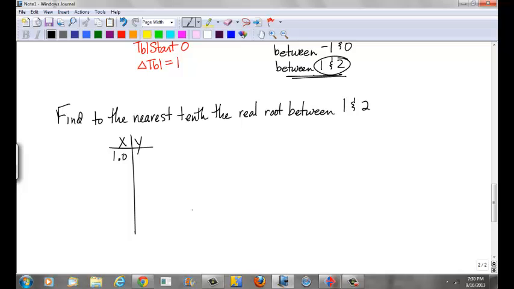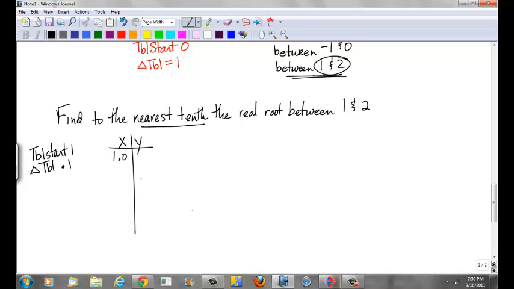The table start is going to be 1. The delta table, how we're counting, we're going to the nearest tenth, so set this to be 0.1. Then auto. Then above the graph key on the top row, do second function table.